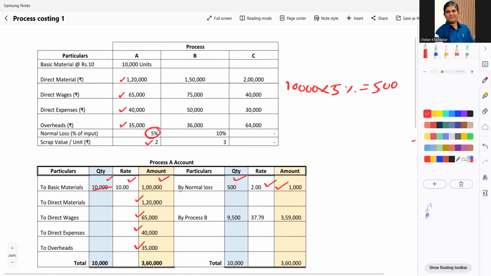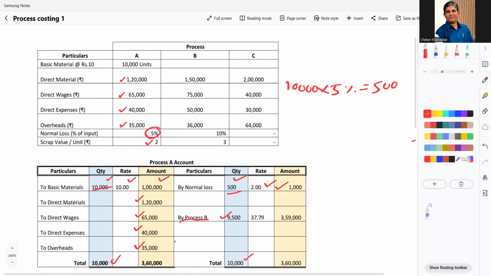And after posting all the information related to process A cost, and after deducting normal loss from this process, we will get the balancing figure as output, which is transferred to process B here. This output transferred is 9,500 because total input is 10,000, and from 10,000 if we deduct normal loss units, then the output transferred to process B will be 9,500 units.